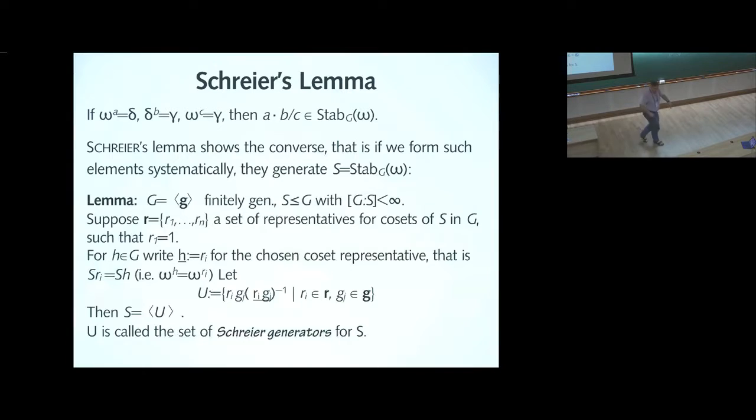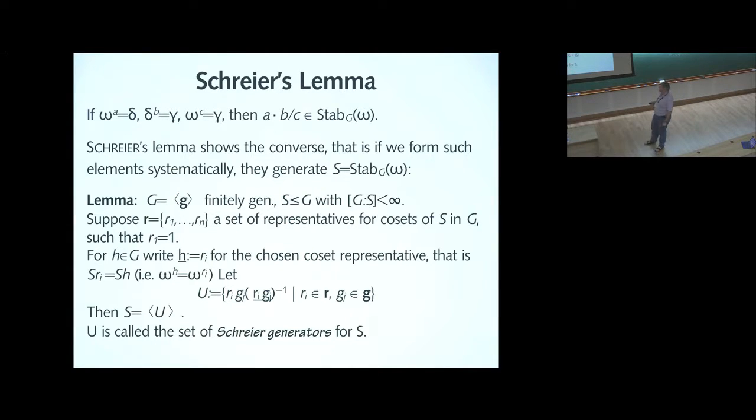And I could instead have taken the step by C. Well, so if I go A times B and divide by C, what will happen? I will map omega to delta under A, to gamma under B, and C inverse will map the other way around. That will therefore map back to omega. So A times B divided by C lies in the stabilizer.